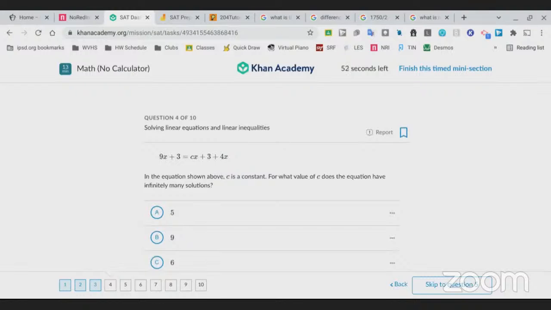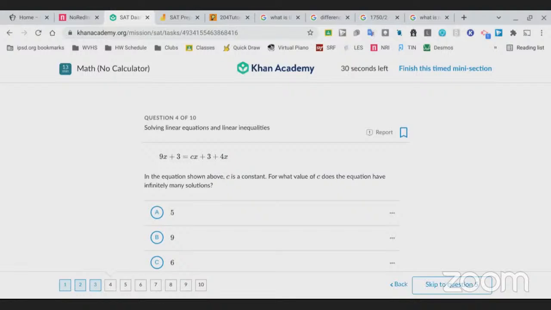All right. In the equation shown above, C is a constant. I don't think we're going to finish this then. You're running out of time? Yeah, 39 seconds left. It says, for what value of C does the equation have infinitely many solutions?